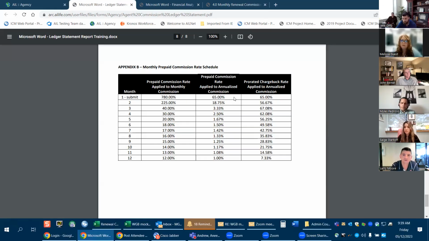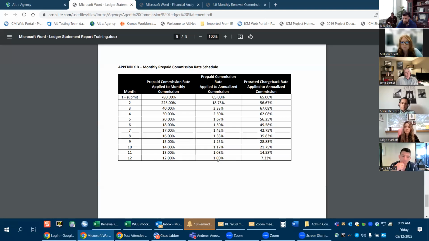Yes. Even if an agent is on a reduced advance due to low quality, say a 55% advance, then that difference over or under will be adjusted in month 2. So if they're getting a 75% advance up front, then we would adjust this month 2 figure, but all other percentages would be the same. So at the end of the first year, it still totals out to the same amount of commission overall.